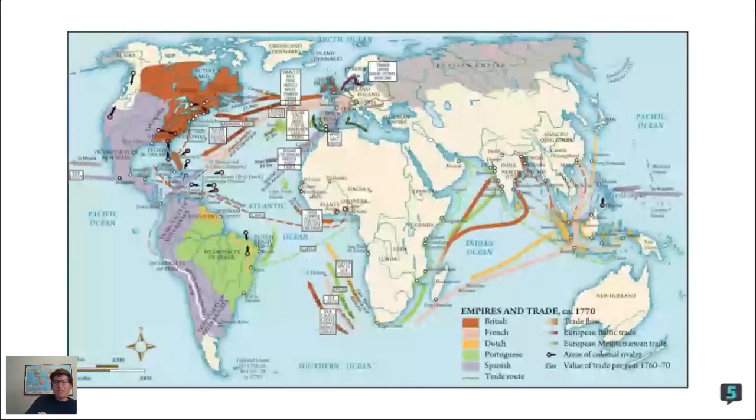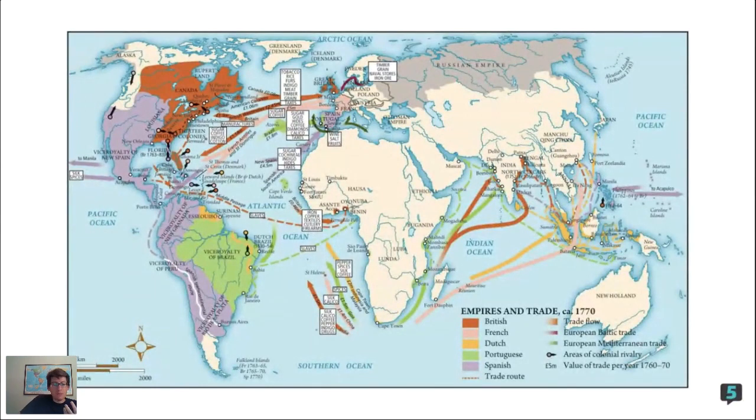Anyways, these maritime empires are driven by political, religious, and economic reasons, right? So a competition with one another, searching for political power by adding land and adding resources to their empire. Religious competition, in some senses; there's still kind of a Protestant Catholic divide in Europe, and that's important.